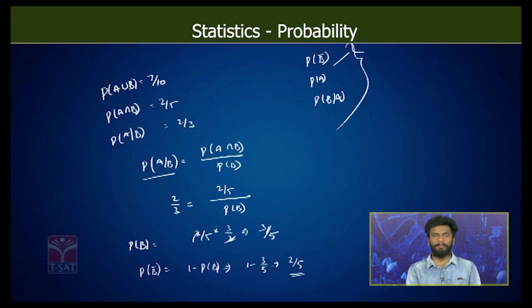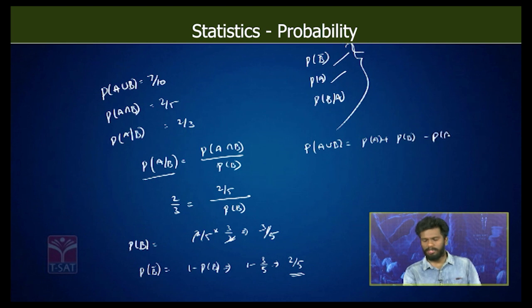Now probability of A. So directly apply the addition of the probability theorem. Probability of A union B is equal to probability of A plus probability of B minus probability of A intersection B. We know the probability of A union B, we know the probability of B, and also we know probability of A intersection B. We can get probability of A from this equation.